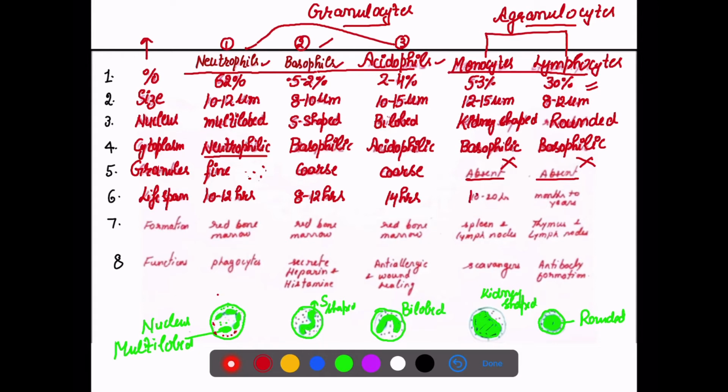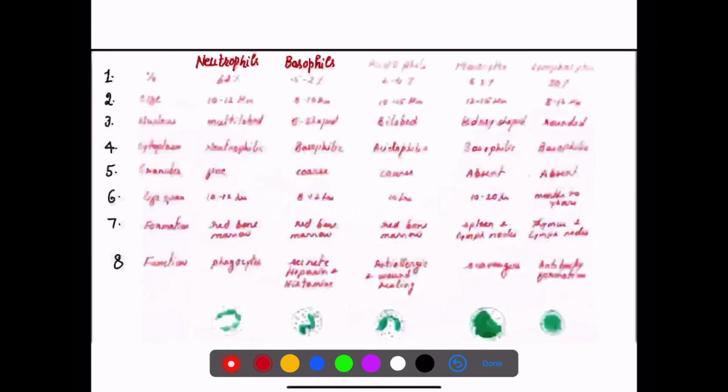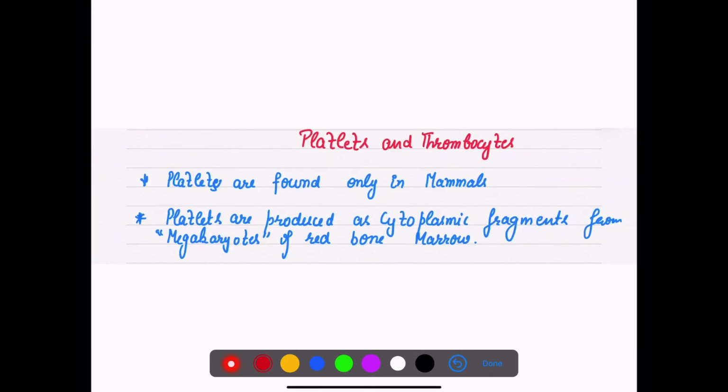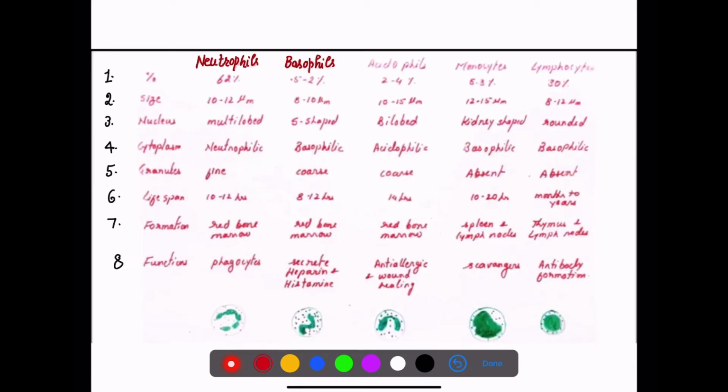Monocytes, their lifespan is 10 to 20 hours. Then lymphocytes, they are maximum in lifespan, they remain months to years. They can live from months to years.